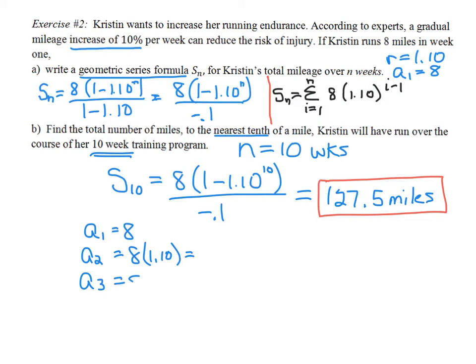A3 would be 8 times 1.10 to the second power and get that answer, and so on until I get to A10 would be equal to 8 times 1.10 to the 1 less than what my subscript number is, because remember the first one we didn't multiply by 1.10. If I got all 10 of those weekly answers, I could then theoretically just add all of those together and get what the total number of miles that Kristen ran would have been.